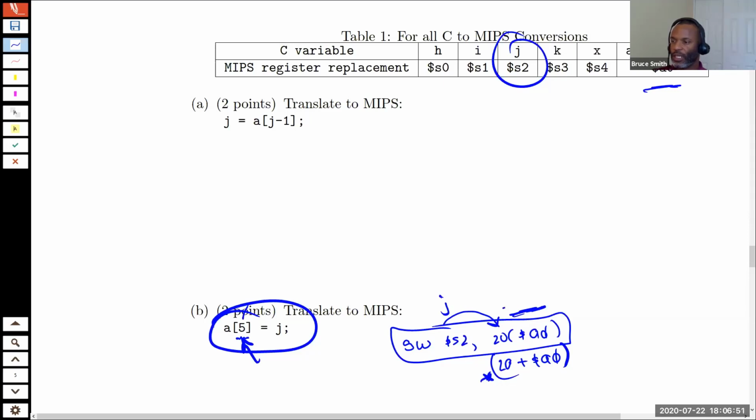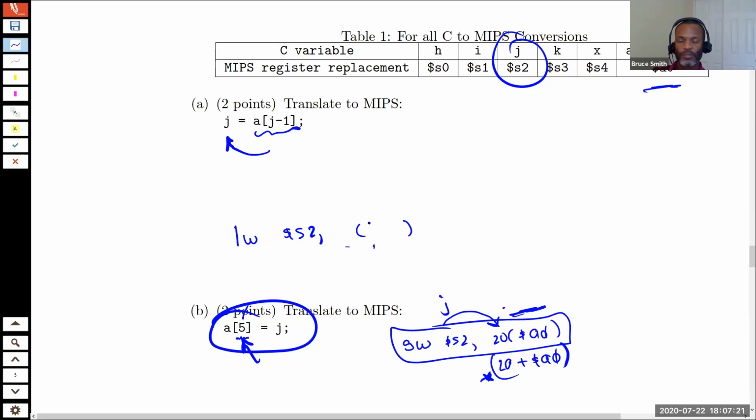Finally, J minus 1 looks like we're going to have to pull something out. We're not putting something into an array, we're pulling it out and then storing it. So I know that part of this code here is going to require that I put something into J. And since I'm getting it out of memory, I'm going to have to figure out what those values are.